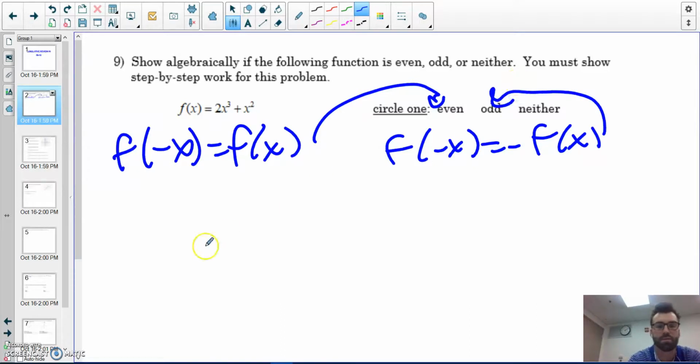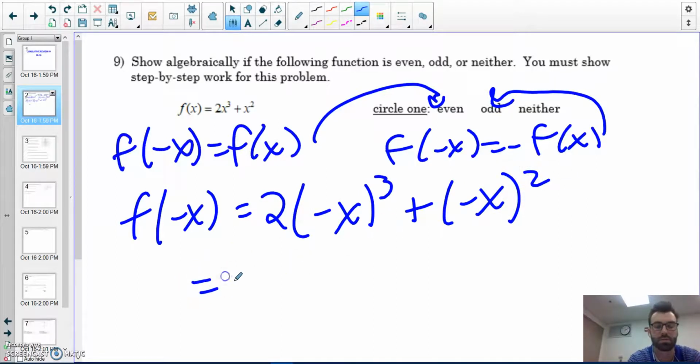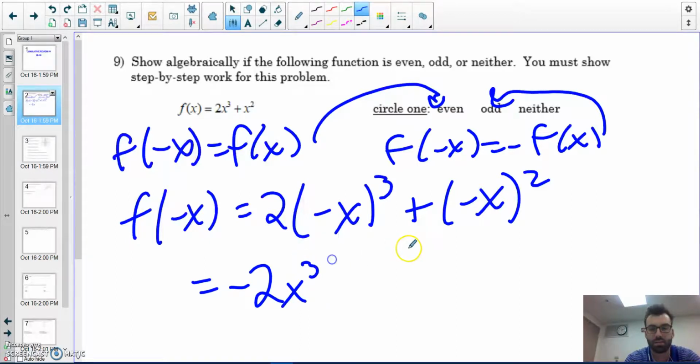Okay? So, my first test, f of negative x equals 2 times negative x quantity cubed plus negative x quantity squared equals. If I take a negative number to an odd power, my result will be negative. So negative 2x to the third. If I square a negative, my result will be positive.